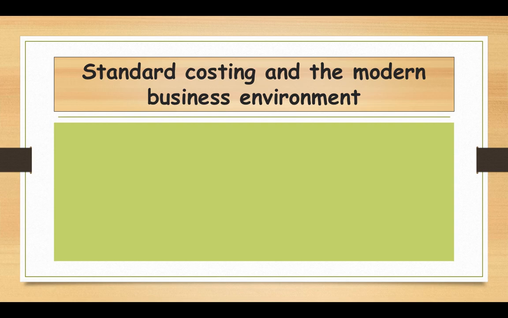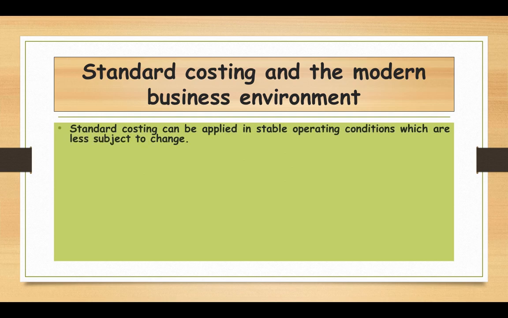Here we are going to see whether we can apply standard costing in the modern business environment. Standard costing can only be applied in stable operating conditions which are less subject to change. But in the present dynamic environment, conditions change very often.